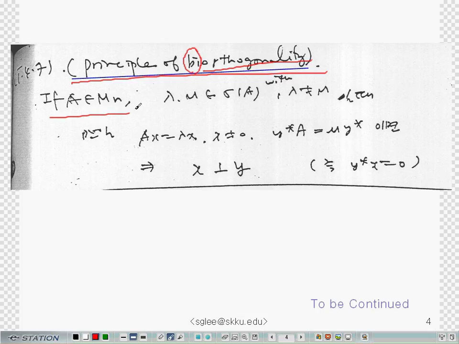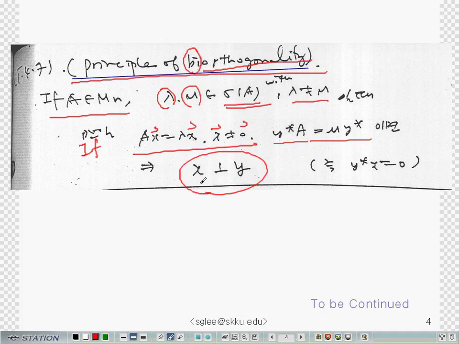If A is an n by n matrix and lambda and mu are both eigenvalues of A that are distinct, in this case, if Ax is equal to lambda x, where x is a non-zero vector, and Y star A is equal to mu Y star, then we can always say x and y are orthogonal.